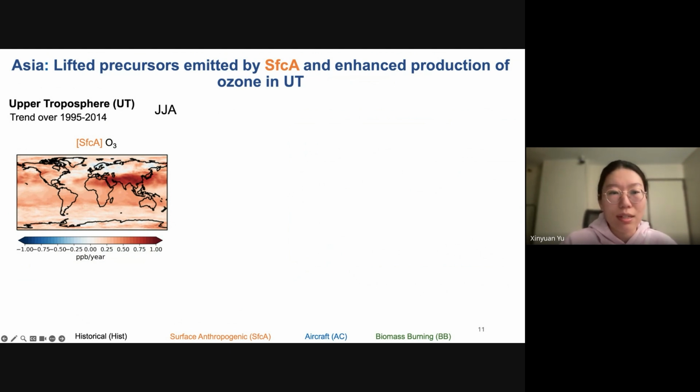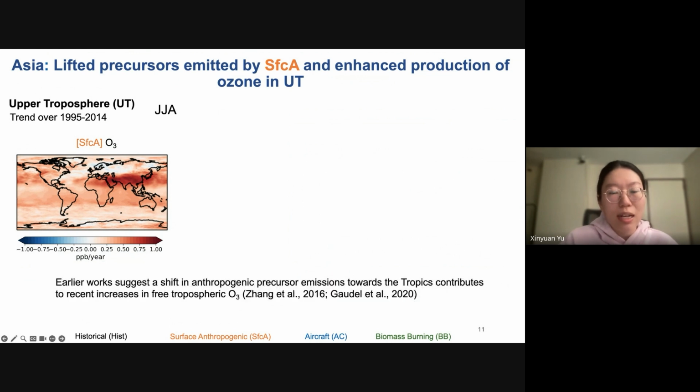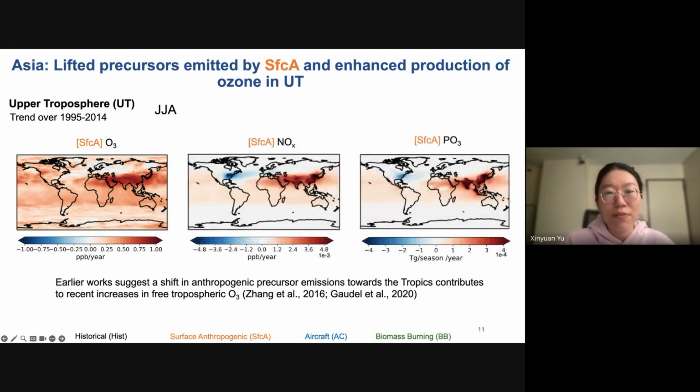Okay, so we further dig into the reasons for the widespread increase in upper tropospheric ozone in June, July, August. And I want to mention that earlier work suggests a shift in anthropogenic precursor emissions towards the tropics contributes to the recent increase in free tropospheric ozone. And I show here the trend of NOx and the ozone production rate in the upper troposphere associated with surface anthropogenic emissions to further dig into the reason. As you can see, the increase in East Asia is contributed by lifted precursors and enhanced production of ozone there, although we couldn't rule out the influence of lifted ozone directly from below the boundary layer.